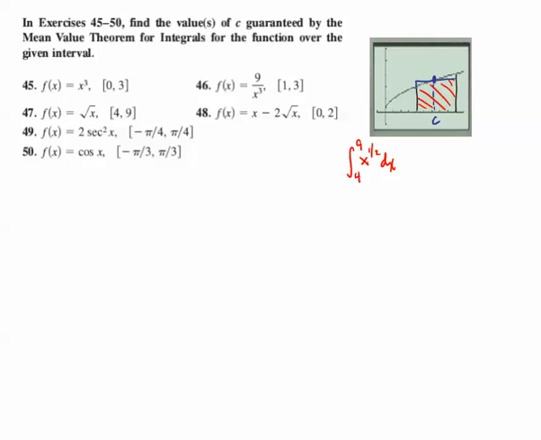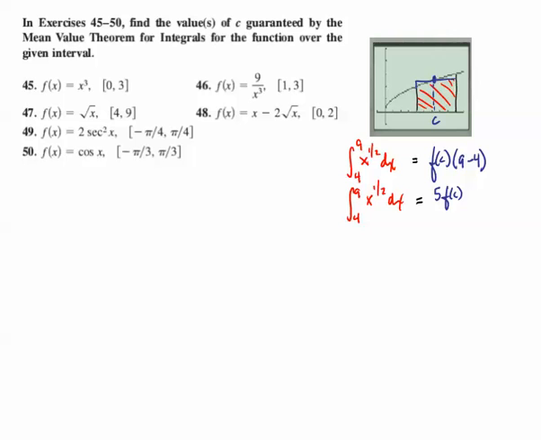Alright, so how do we start this off? We know that the area is equal to f of c, which is the height, times b minus a, which is 9 minus 4. And that is 5 times f of c. So the integral from 4 to 9 of x to the 1/2 dx is equal to that.